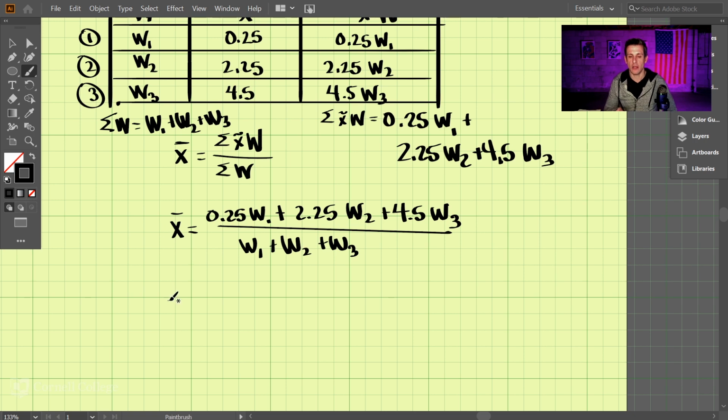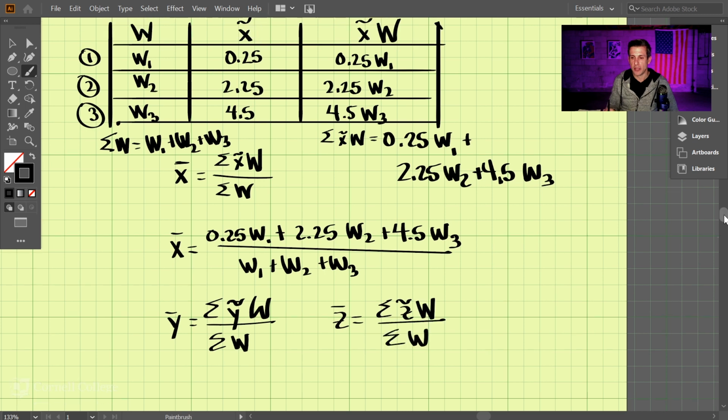Likewise, if we want to do the y direction, all right, this formula looks very similar. It is just y tilde times W over the sum of W, all right? And in the z direction, if we have a three-dimensional problem, it's very similar. So we have z tilde times W divided by the sum of all the weights.